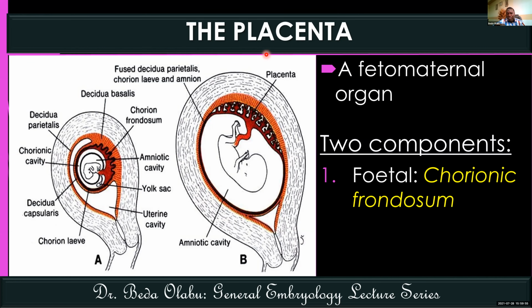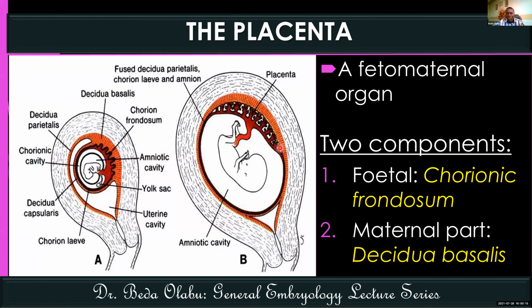The fetal component of the placenta is what we have called the chorion frondosum, the villus chorion, the chorion with villi, and that is the chorion frondosum. The maternal component of the placenta is known as decidua basalis.